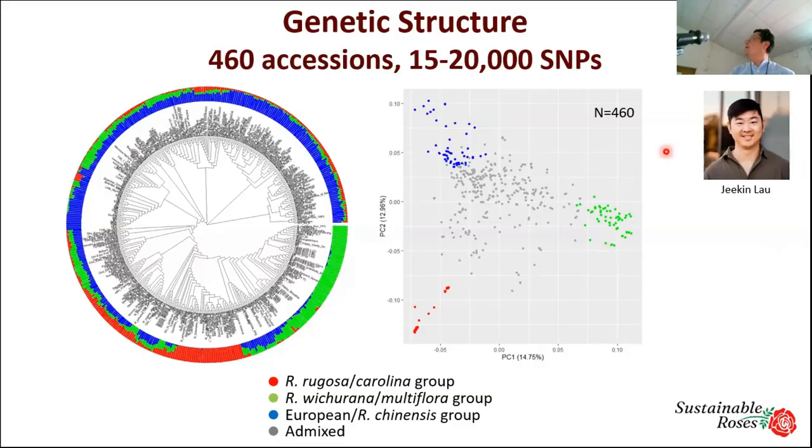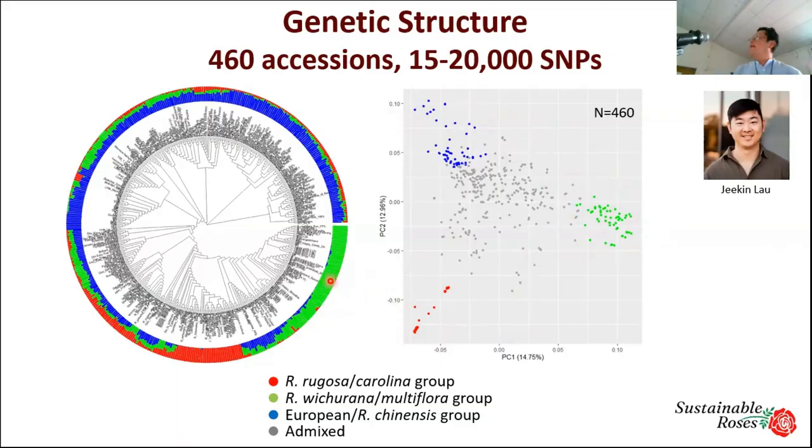And what we see here is that we have basically three major populations. We have the European chinensis group that Dave talked about earlier, the Wichuraiana multiflora group that was talked about together, and the Rugosa Carolina group. So blue is chinensis, green is Wichuraiana multiflora, red is the Rugosa Carolina group.